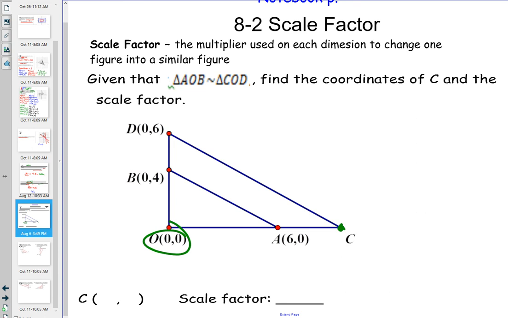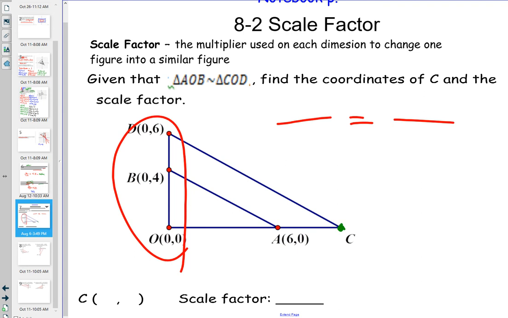A proportion means I'm going to write an equal sign with one fraction on each side. One of those fractions is going to be the scale factor. Get the scale factor from the side where they give you both points. Here, they're giving me all the points I need. Which coordinate is not changing? The x is not changing, so I'm going to pay attention to the y.